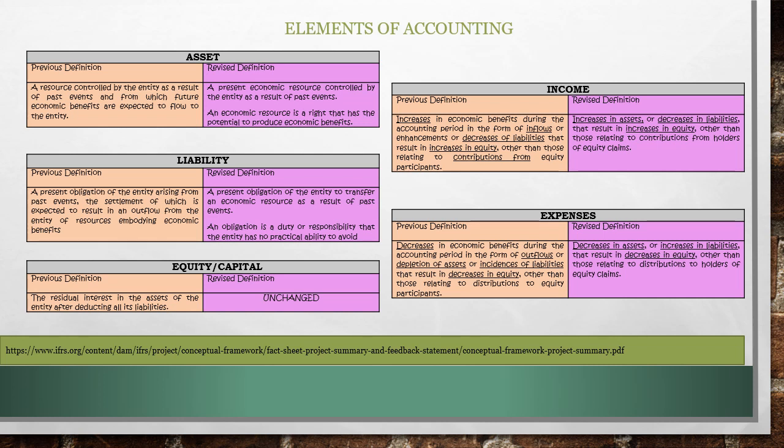Okay, but for the revised definition, expenses: decrease in assets or increase in liabilities that result in decrease in equity other than those relating to distributions to holders of equity claims.